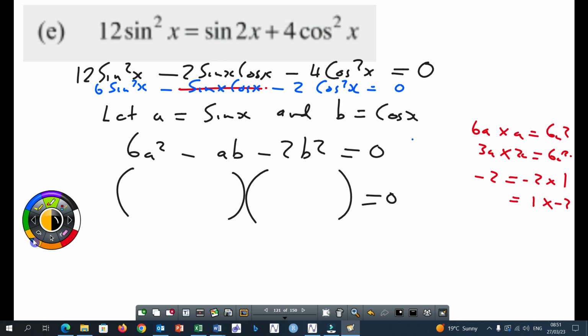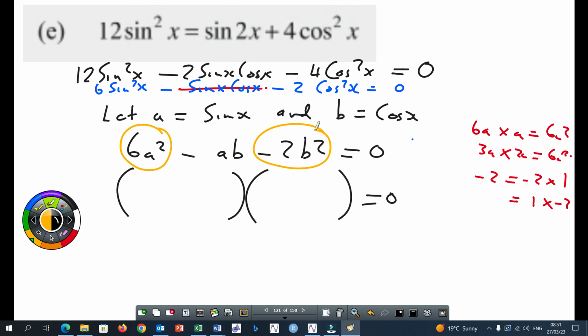If you want to factorize a trinomial, you look at the first term and the last term. The middle term is automatic. Remember I told you that? So 6a squared can be written as 6a times a or 3a times what? 2a.